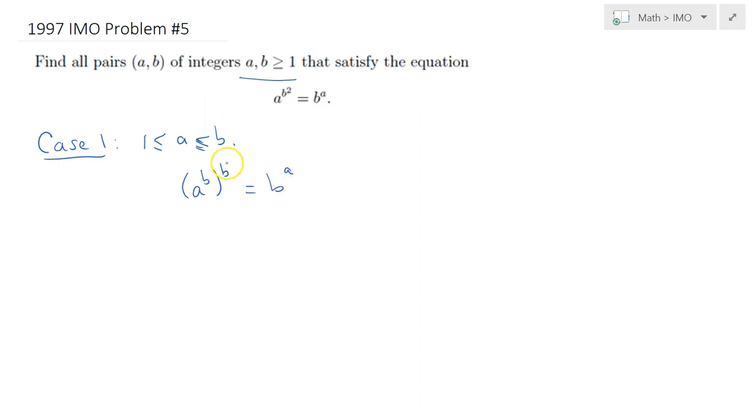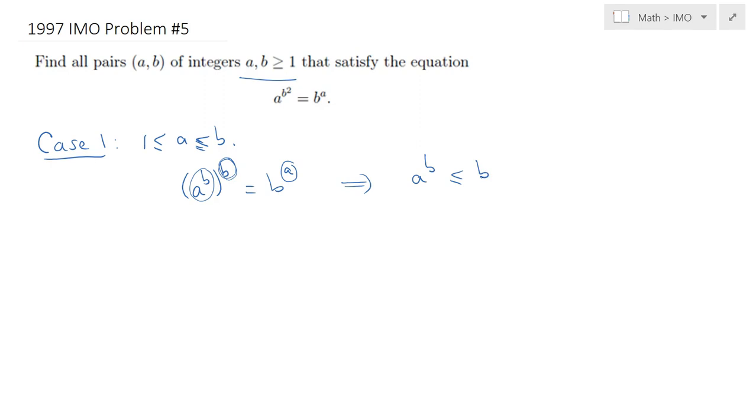And now because the exponent on the left hand side is greater than the exponent of the right hand side, it must be that the base of the left hand side is less than the base of the right hand side. So therefore the base of the left hand side, a to the power b, must be less than or equal to b.